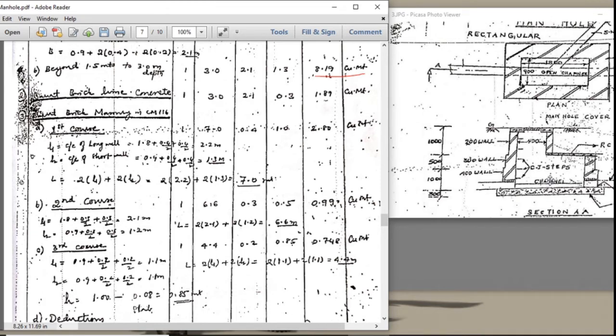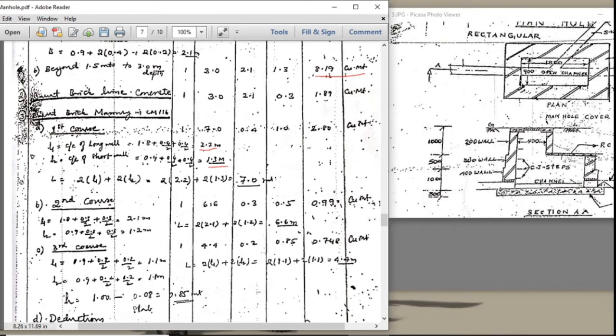Center to center distance of this long wall. So that is 2.2 meter. Next L2, that is the short direction. So 0.9 plus 0.4, we will get 1.3 meter.